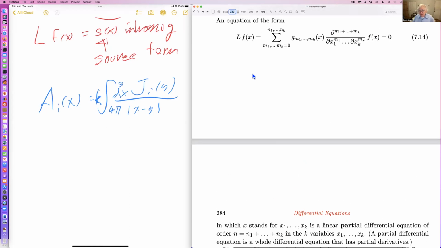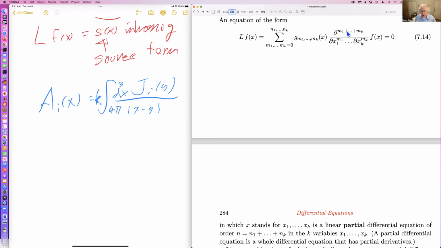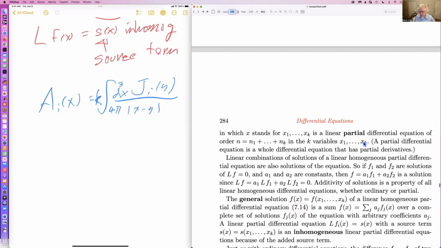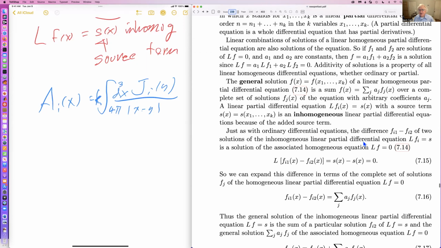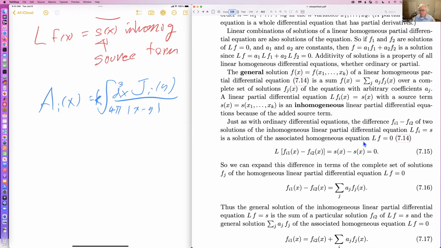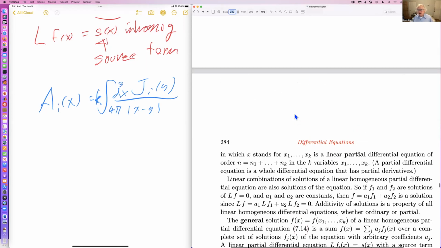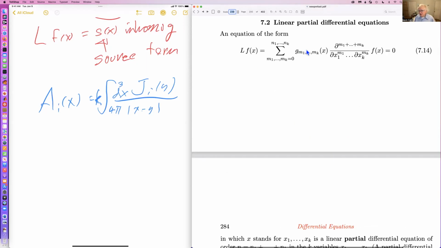So this is a linear partial differential equation of order n, being the highest number of derivatives that occurs in the equation. It's a partial differential equation in k variables, and so what do you have? Well, linear combinations of solutions of this equation will still be solutions of the equation because it's linear.